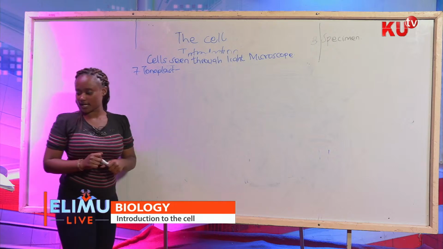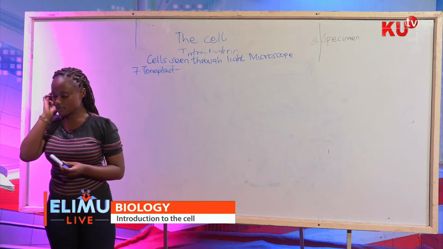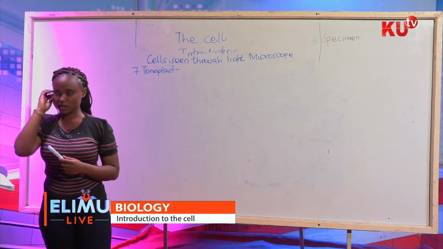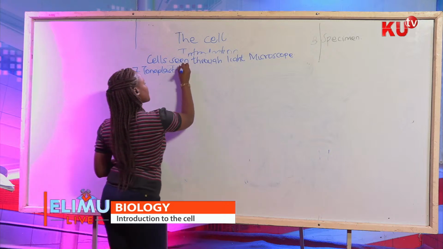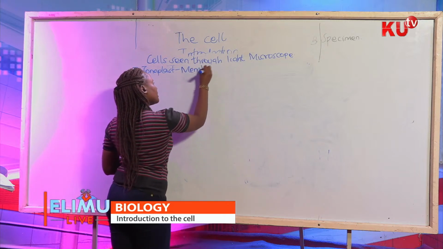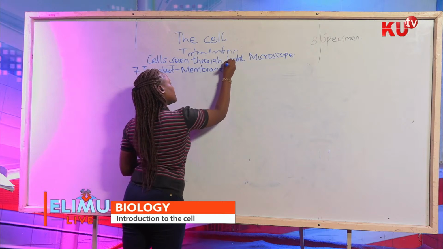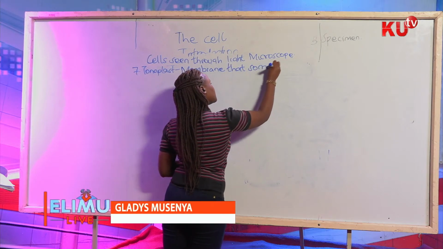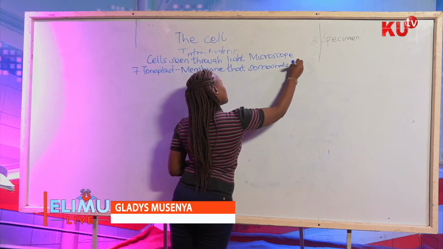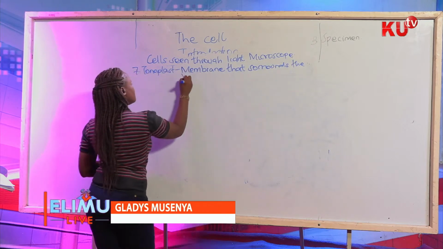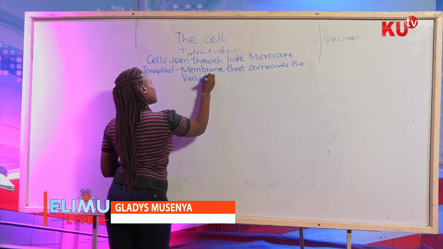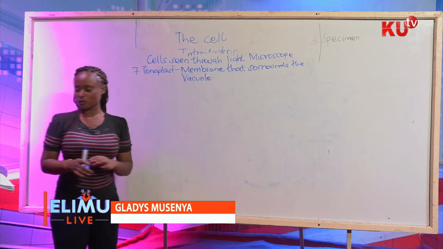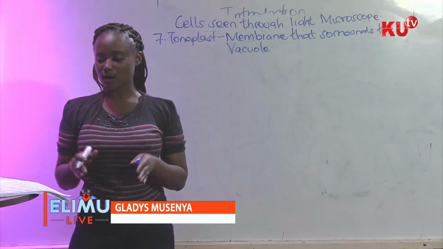The tonoplast is the membrane that surrounds the vacuole.